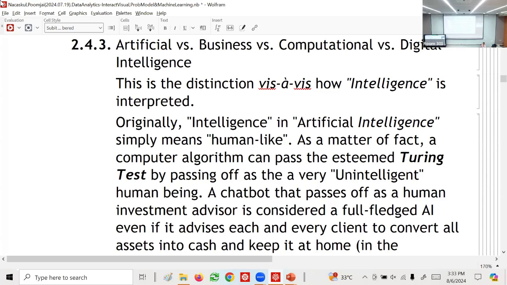But the algorithm used to solve it sometimes is framed as a computer algorithm. In other words, a recipe that tells the computer how to compute the next step from this step, and then the next step from this step, until you stop at the best solution you can get. So that becomes the basis of computational intelligence.